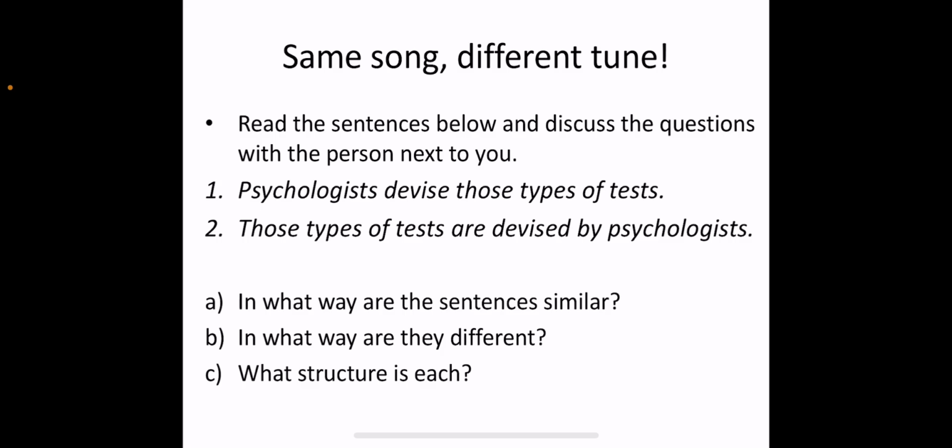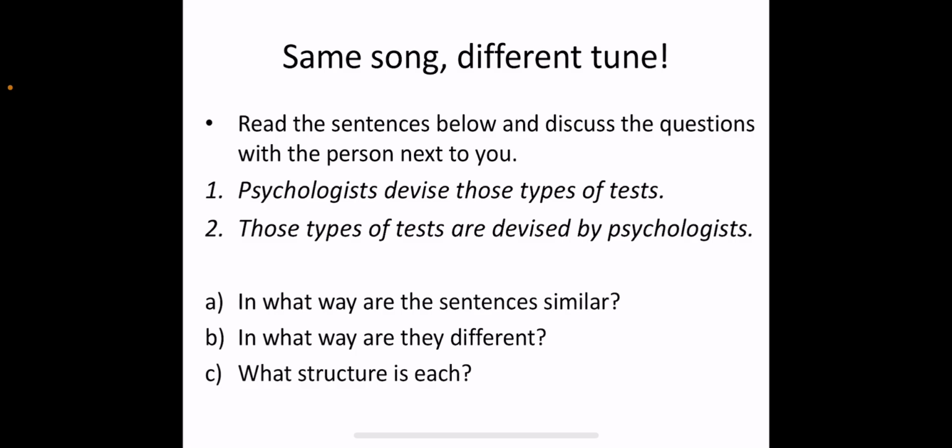Let's take a look at number 1. Number 1 starts with a subject, then we have a verb, and then we have a complement or an object. And that example is one of the most common examples of sentences that we use in English, right? A subject, a verb, and a complement is the structure of a normal sentence in English.